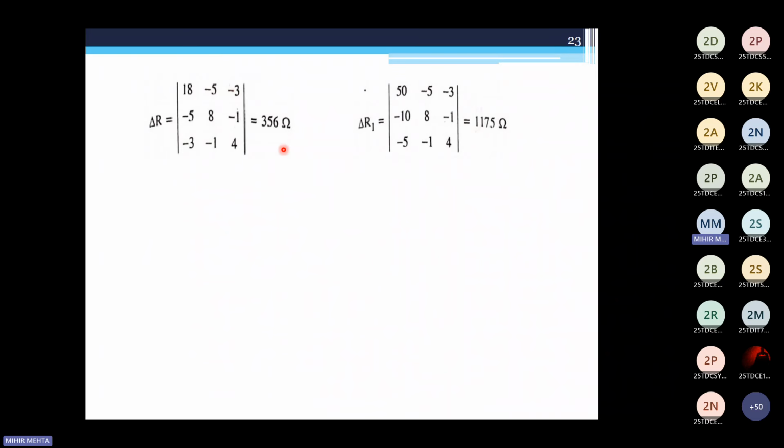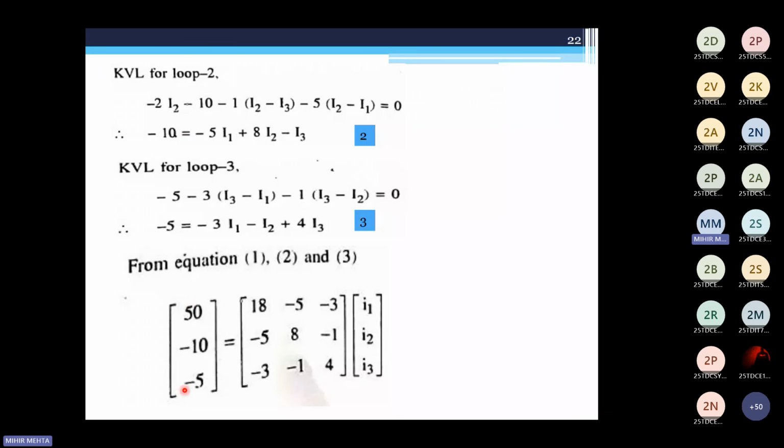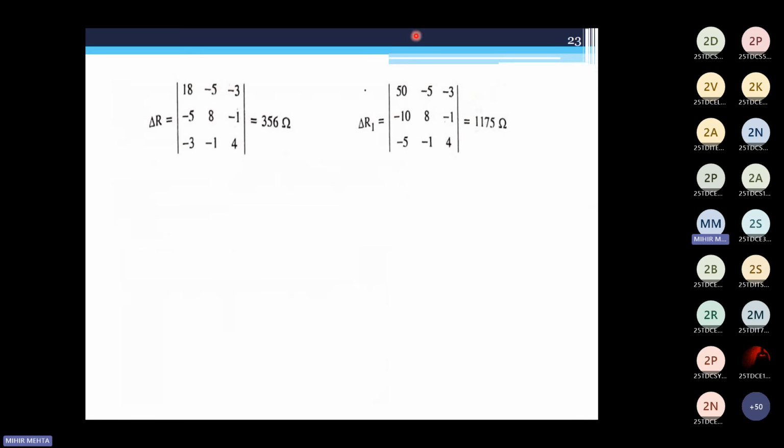Your delta R1 is nothing but D1, where you are substituting the first column with your voltage matrix or your B matrix, that is 50, minus 10, minus 5. So you're just substituting that here. Then your D2 would be substituting the second column with your voltage matrix. And your D3 would be substituting your third column with your voltage matrix.